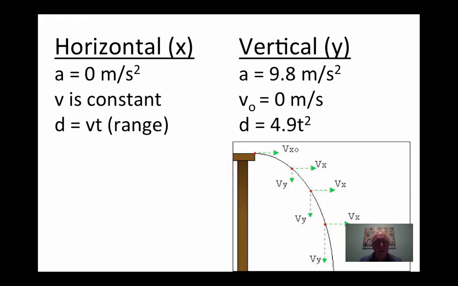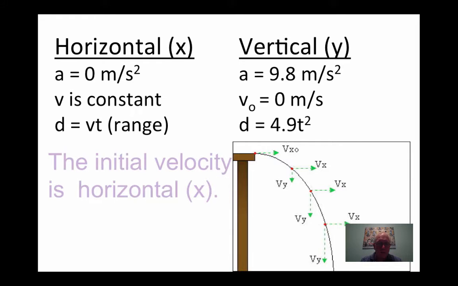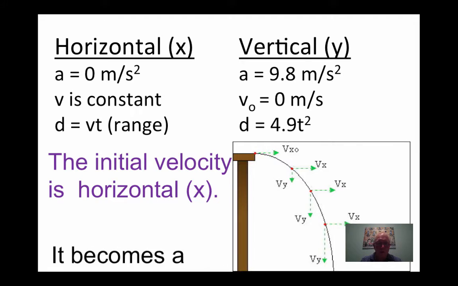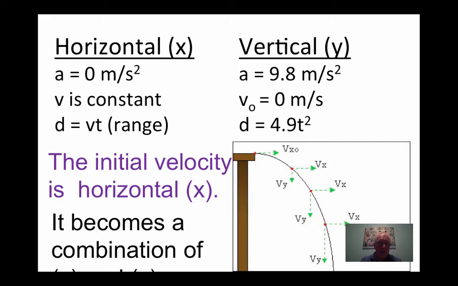Notice here that they're indicating v in the x or v in the x naught. That's similar to what your formula sheet does, indicating that it's one direction at a time, either the x direction or the y direction. Okay, so here the initial velocity is all in the horizontal direction. The initial velocity in the y direction is 0. Okay, and it does become a combination of both the x and the y, so that's something to bear in mind.